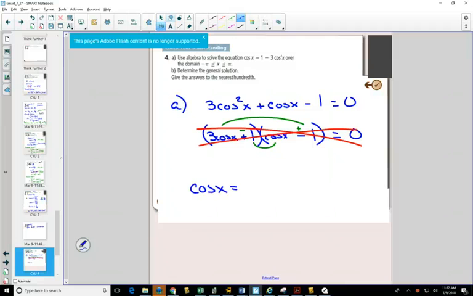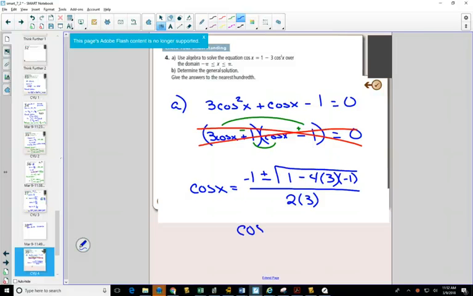cos x equals, because we don't have x squared, we have cos squared x, negative b, so negative 1, plus or minus the square root of b squared, which is 1, minus 4 times a times c, over 2 times a. So we get cos of x equals negative 1 plus or minus the square root of 13 over 6.